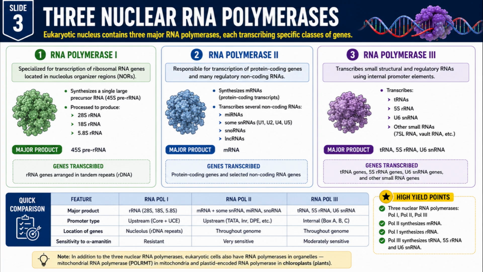RNA polymerase II synthesizes messenger RNA, many snRNAs, and several regulatory RNAs. RNA polymerase III synthesizes transfer RNAs, 5S rRNA, and U6 snRNA. Among these, RNA polymerase II is the most important because it transcribes protein-coding genes.